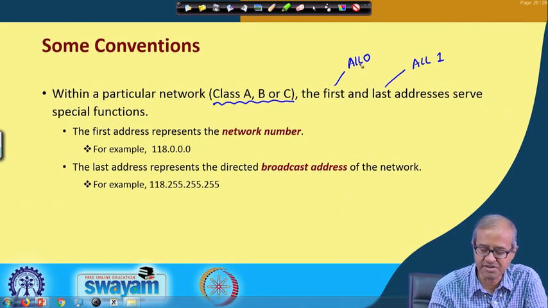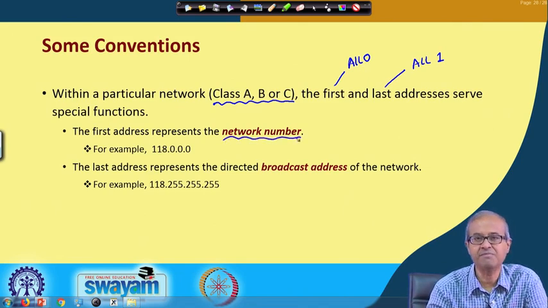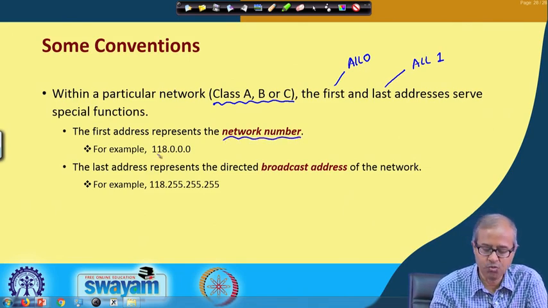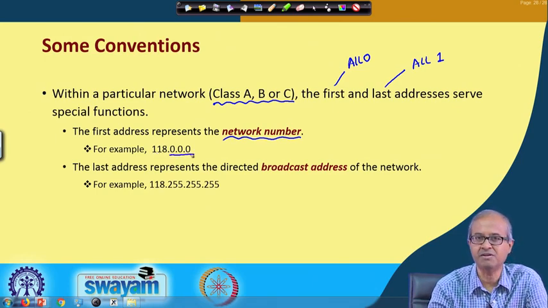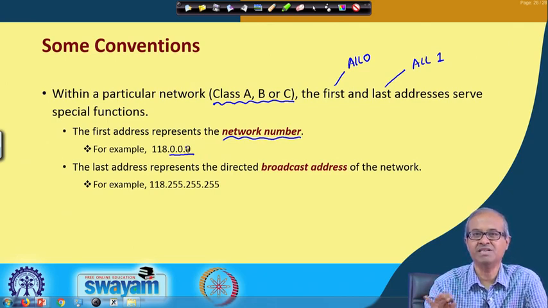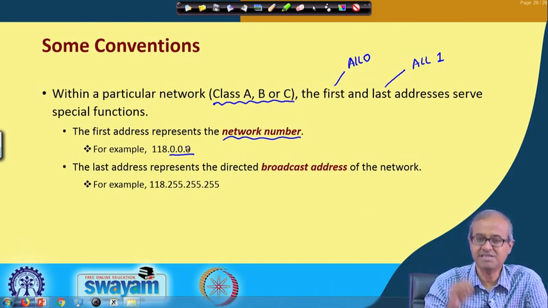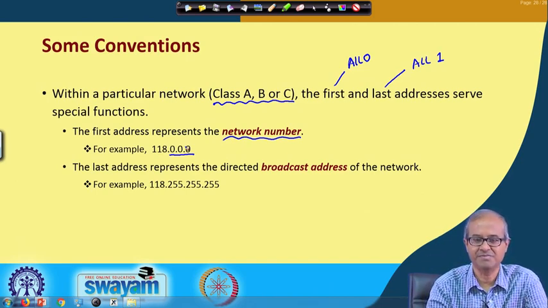The all 0 address specifies the network number. Like 118 is the address of the network. If you write 000 in the host part, this will identify the network 118.0.0.0. This identifies the network.